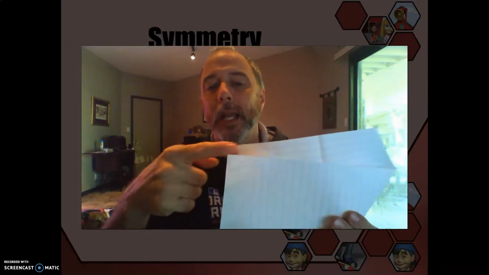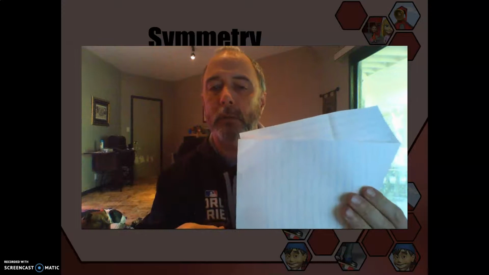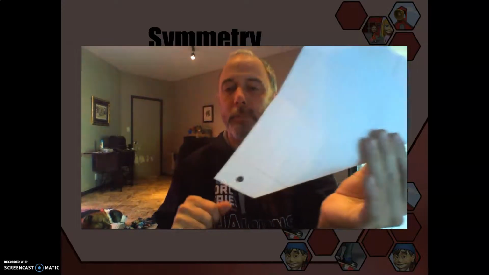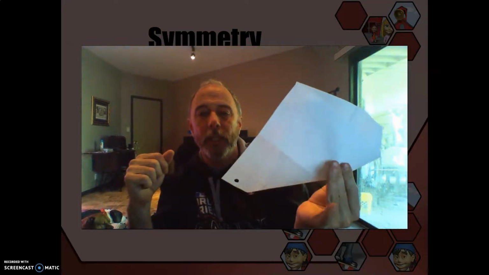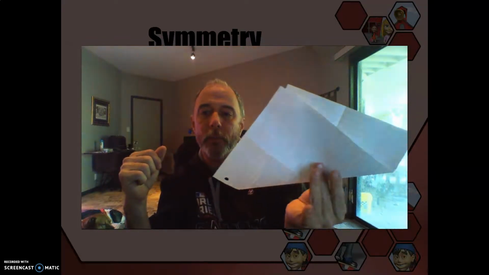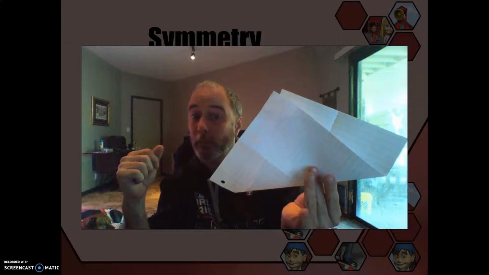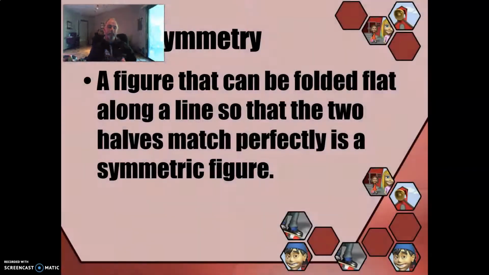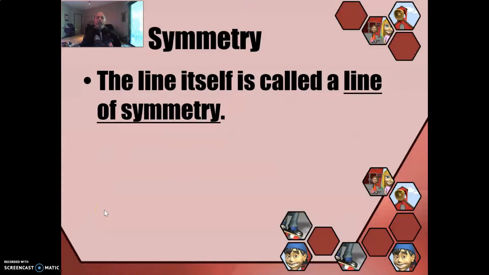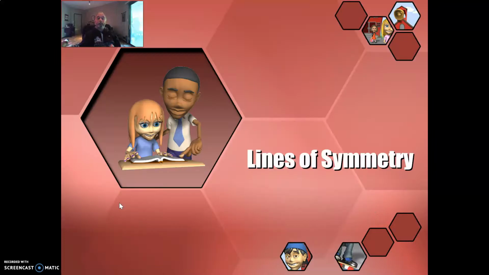This is not symmetrical. They do not line up perfectly. They do not make a symmetrical shape. Does that make sense? So the line itself is called the line of symmetry.